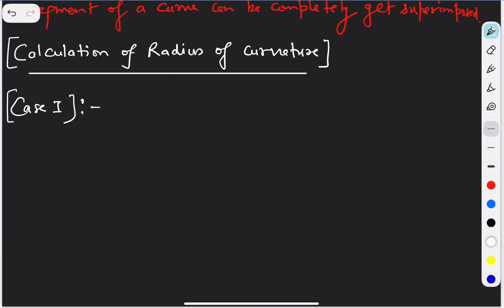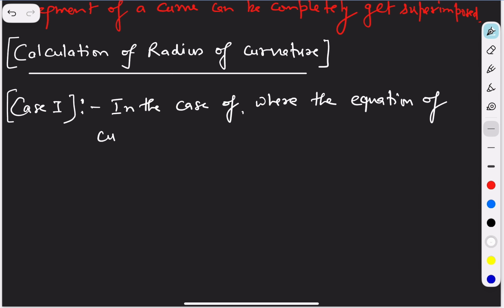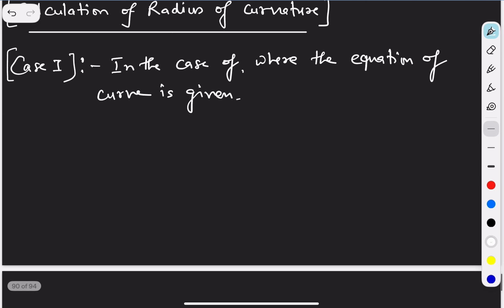So in the case where the equation of curve is given, for example, suppose you have y is equal to f(x) as a function.